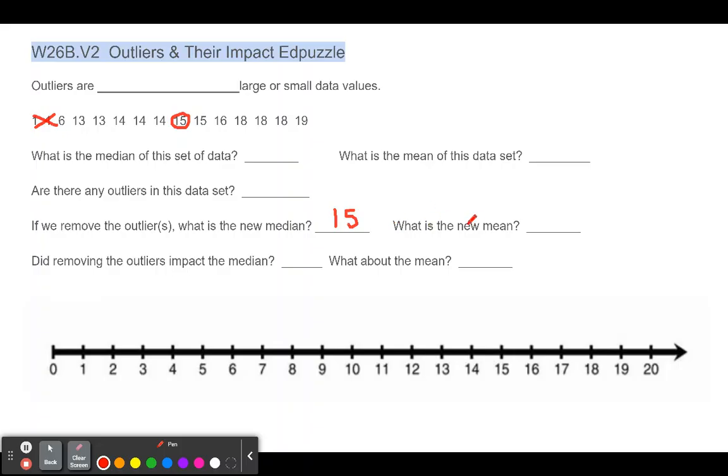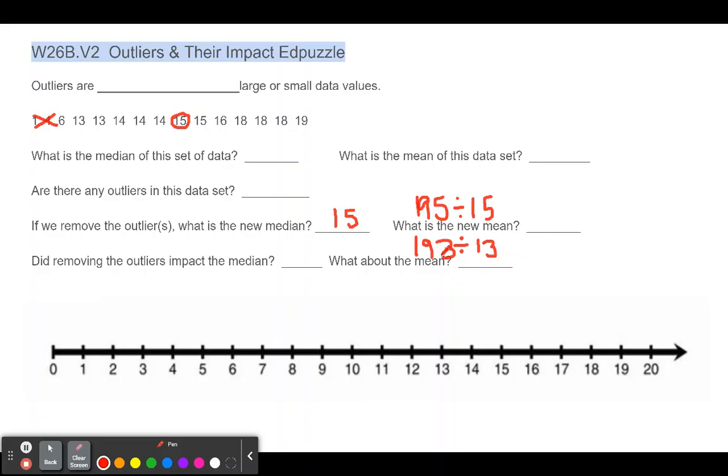And let's figure out what our new mean would be. Originally, our problem was 195 divided by 15. Well, we've gotten rid of 2 of the numbers, so we're now dividing by 13. And instead of 195, we're now dealing with 193 because we removed 2 of them.